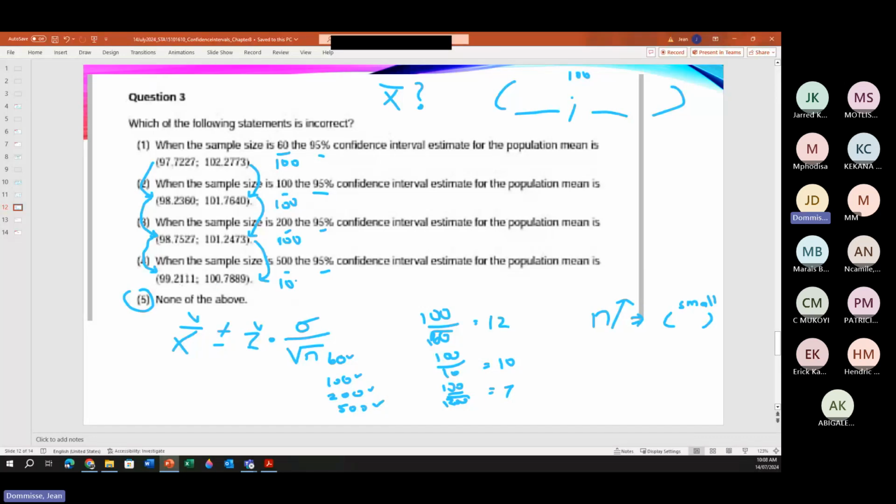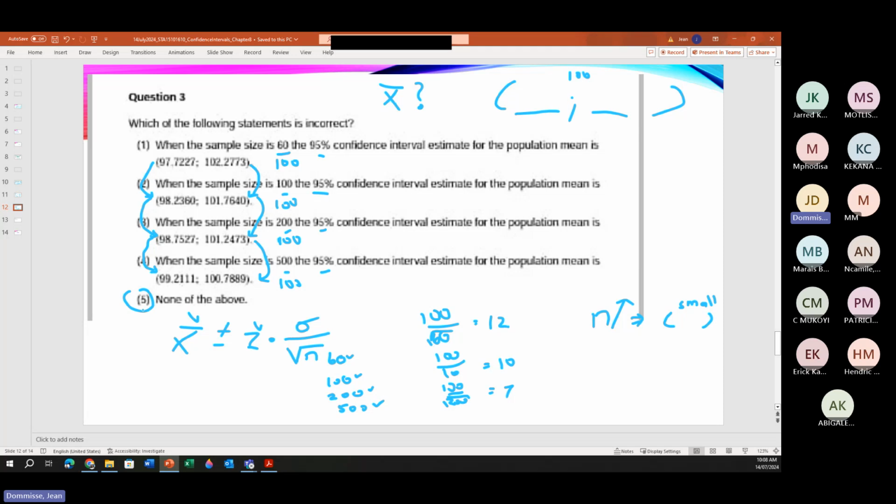So 200 divided by 2 is 100. Okay, so for all of these, it feels that it is correct. Working with 95, working with a sample, as the sample increases, the confidence levels will decrease, which is correct. So I would go for none of the above as the incorrect one.